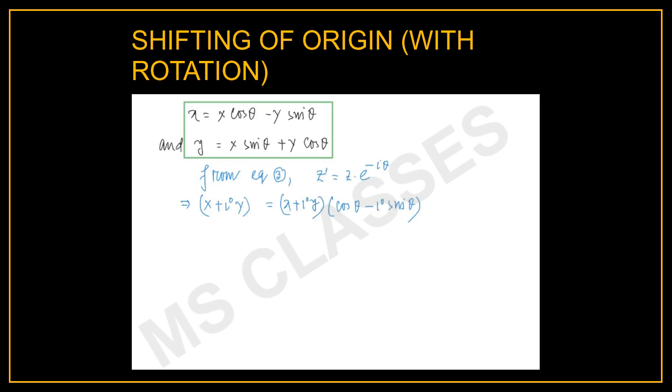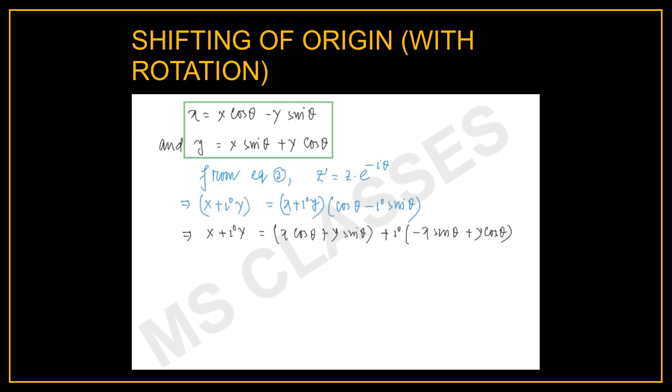Now we can simplify this further. Capital X plus i into capital Y, and here if we multiply, this will be x cos theta plus y sin theta as the real part, and the imaginary part will get i into minus x sin theta plus y cos theta.